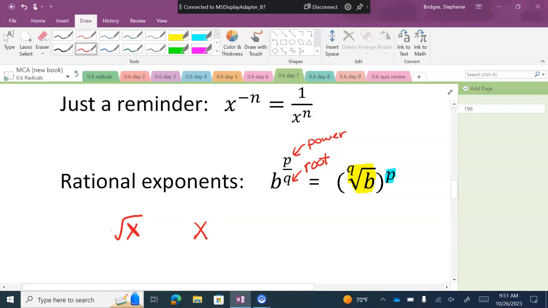What root did I take? The square root. So my denominator is going to be a 2. And then what power did I raise it to if there's nothing out there? A 1. So the square root of x is the same thing as x to the 1/2 power.